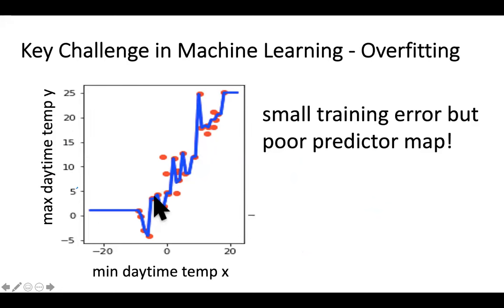So this blue curve is the predictor map that is obtained from a deep neural network whose weights are chosen to minimize the squared error loss. So I have chosen the squared error loss and trained a deep neural network by minimizing the difference between the blue curve and these red training points. Okay, and these data points represent minimum daytime temperature and maximum daytime temperature on a day.